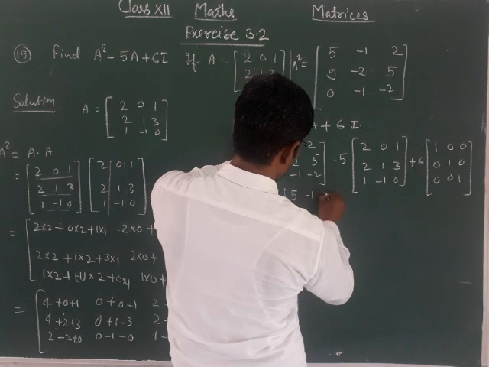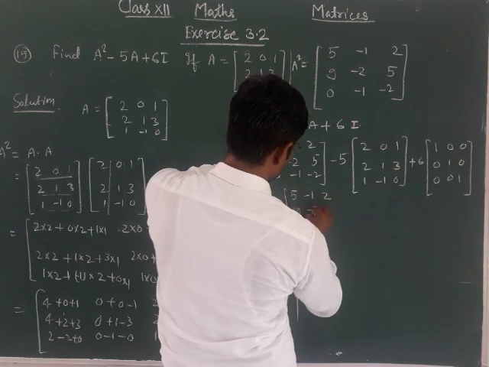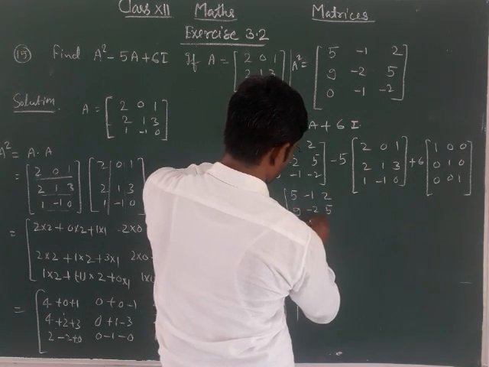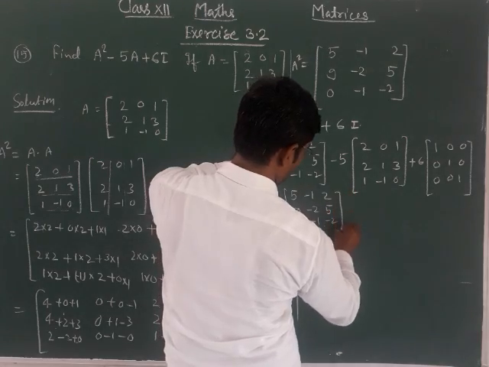5, minus 1, 2, 9, minus 2, 5, 0, minus 1, minus 2.